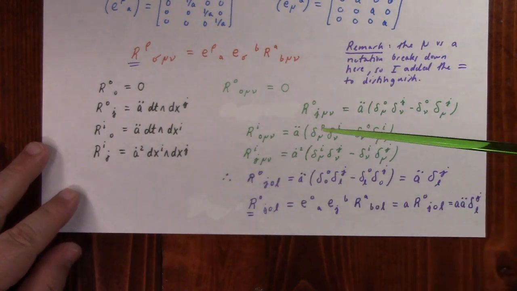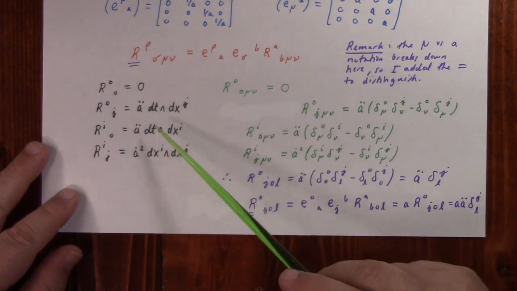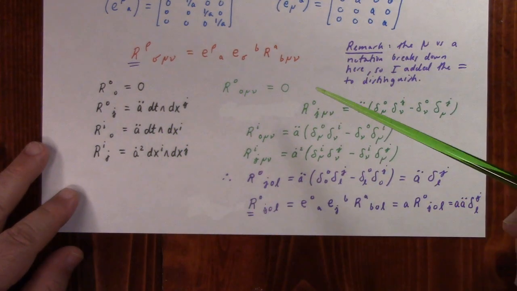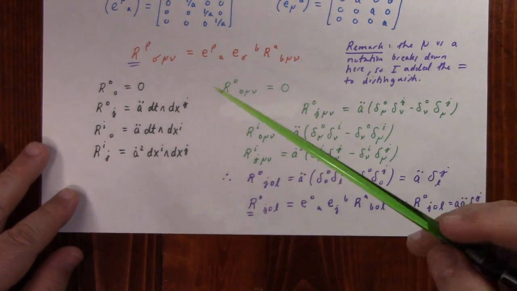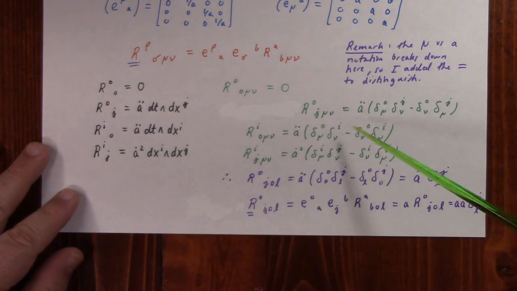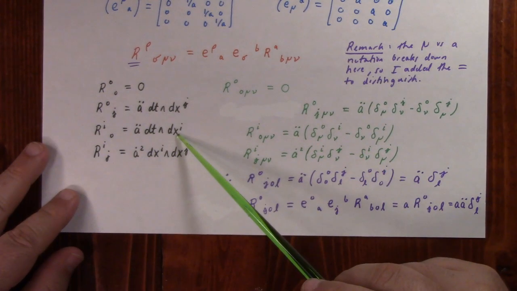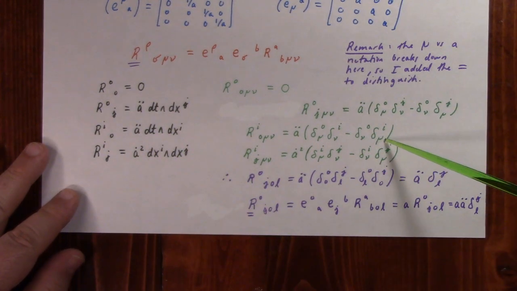Likewise, for this one and that one, we pick out the a double dot and the a dot squared as appropriate, and like dt wedge dxi gives me the mu nu component being non-zero when either we have mu equals 0 and nu equals I, or mu equals I and nu equals 0.